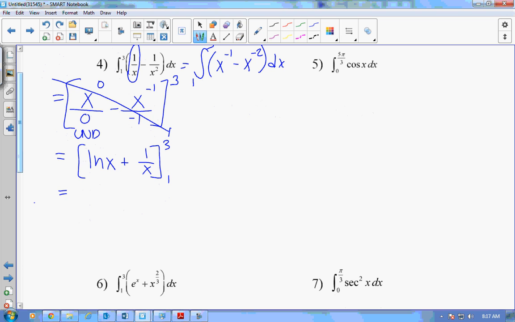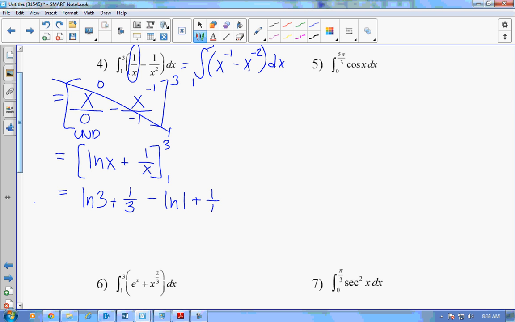If we use our integration bounds from 1 to 3, well, what do we write next? Upper bound first. Evaluating at 1.